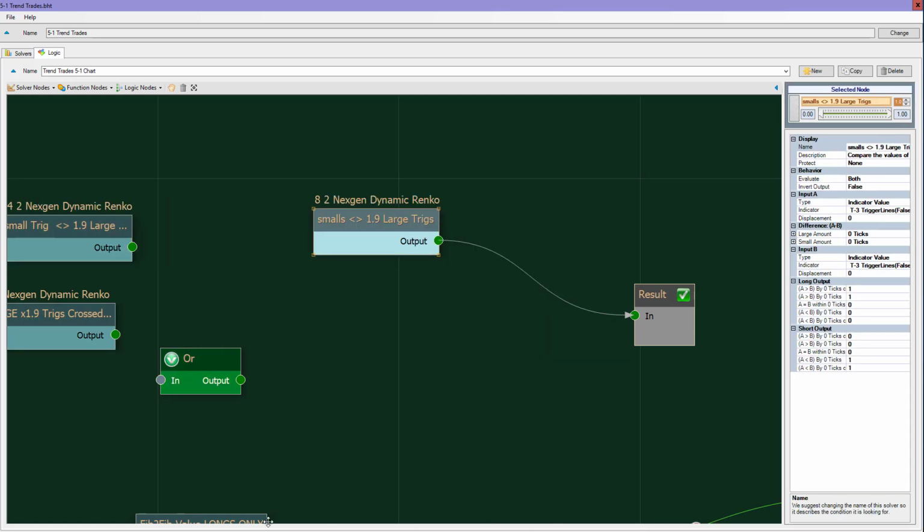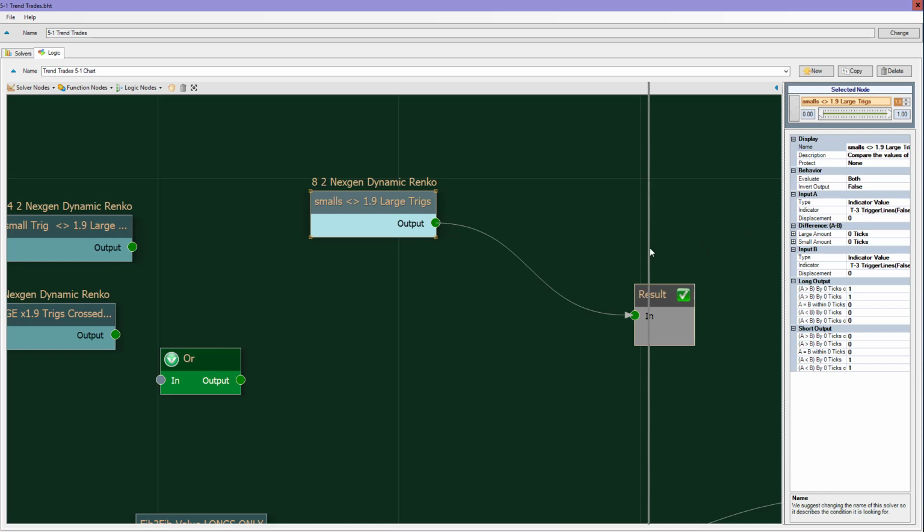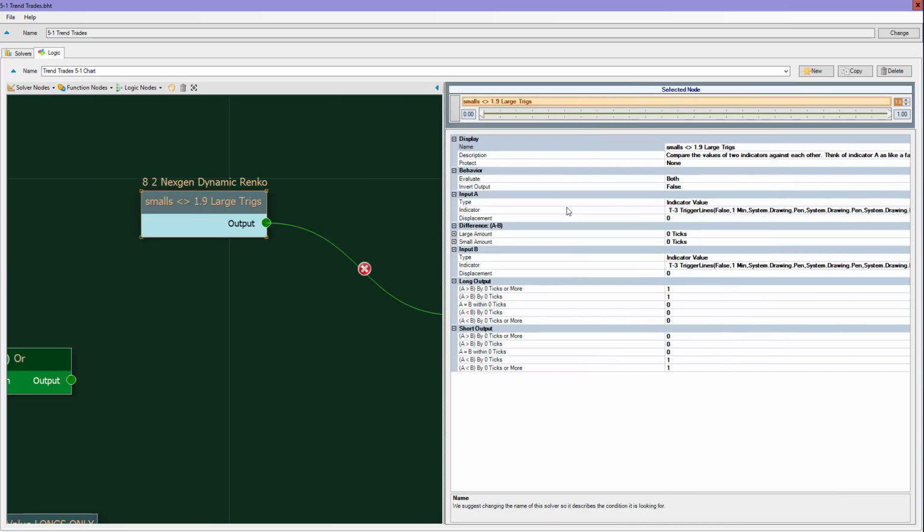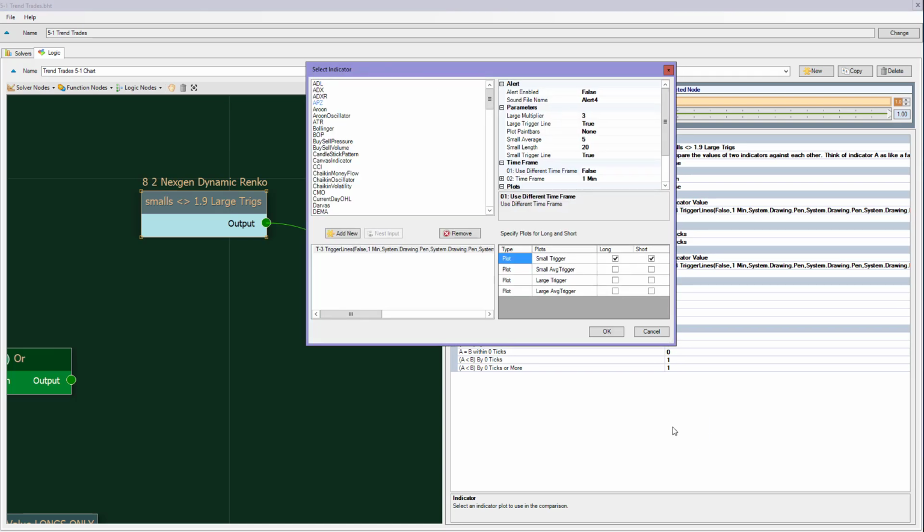I used one simple solver in the Bloodhound. Let me show you over here so you can see the code. Look how easy this is. It says that if the small triggers, which is indicator A, does everybody see that?